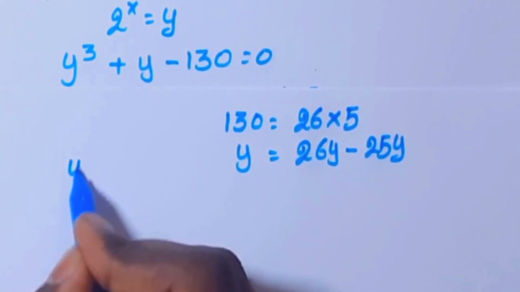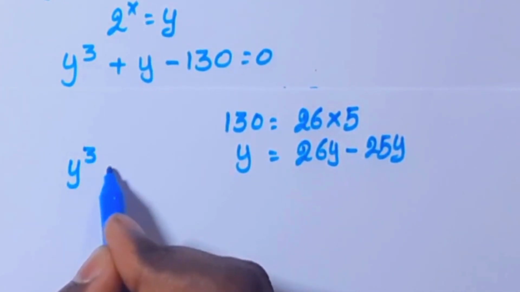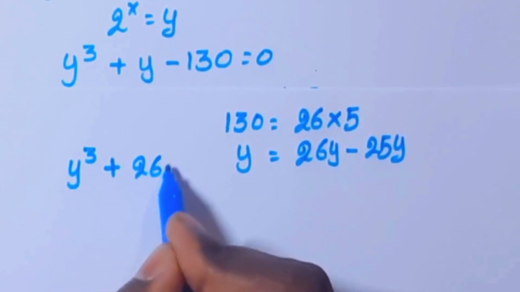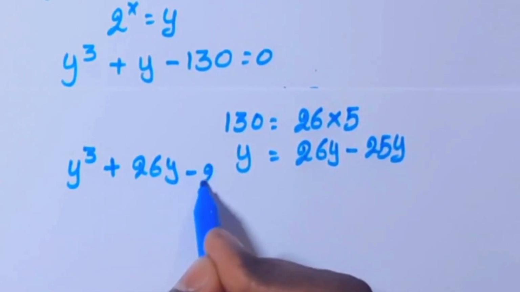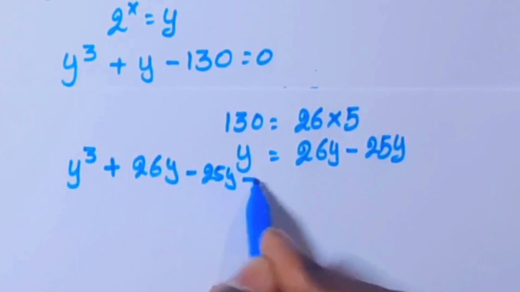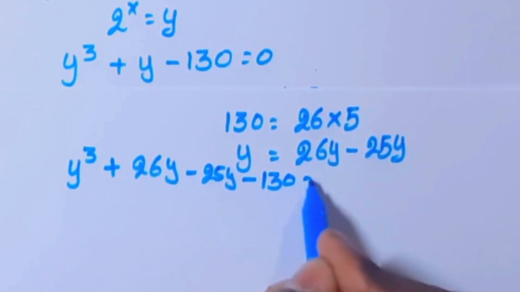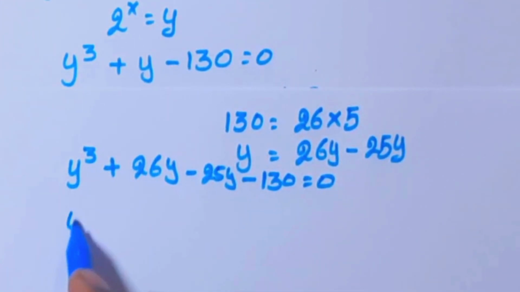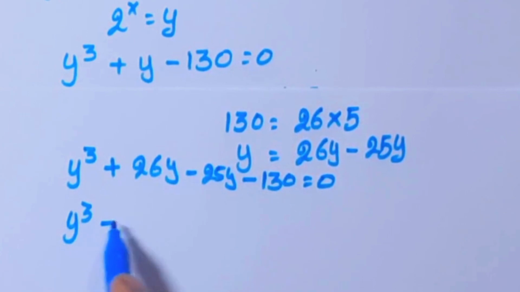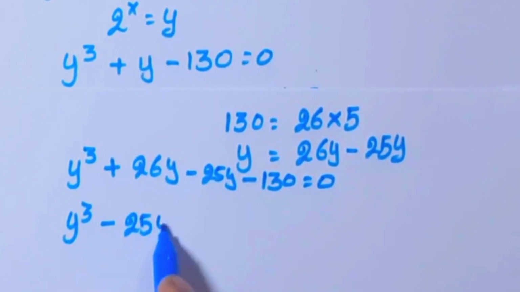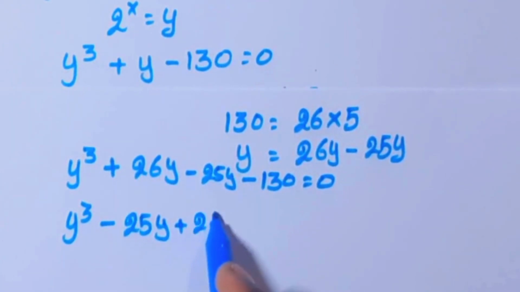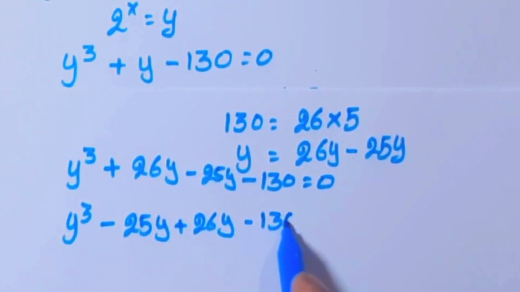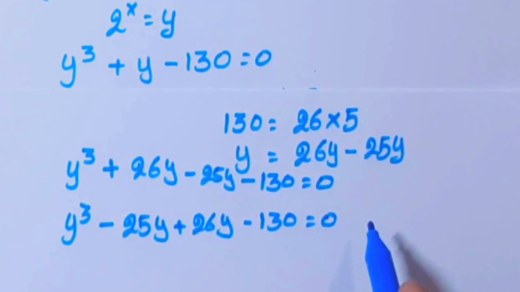So y power 3 plus 26y minus 25y minus 130 equal to 0. Now we are just rearranging: y power 3 minus 25y plus 26y minus 130 equal to 0.